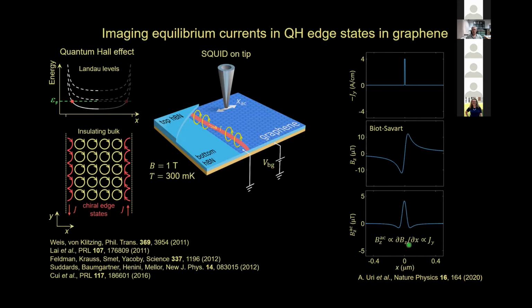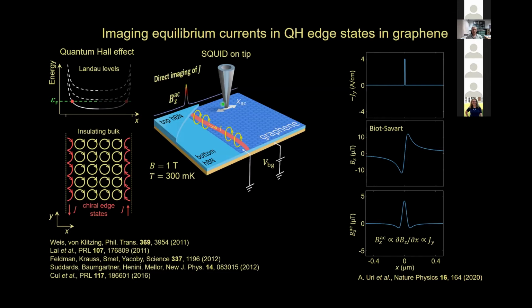And one can show that the derivative reproduces quite accurately the original current. So the derivative of Biot-Savart is very close to the original current, and this peak in current is visible here. It is broadened just by the height of the scanning and the diameter of our tip.